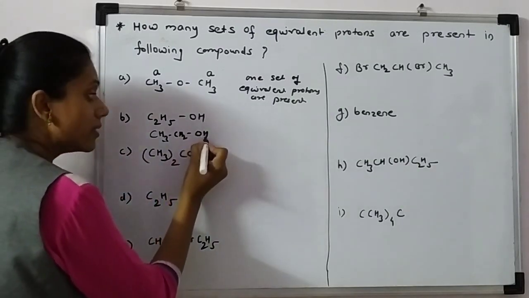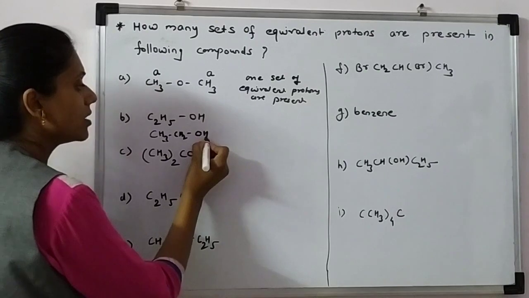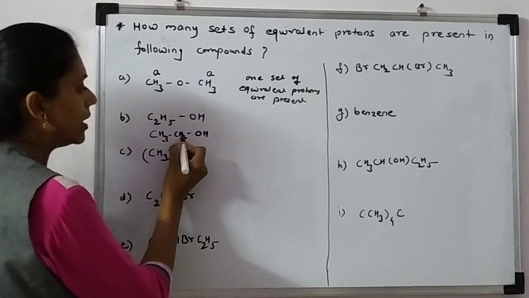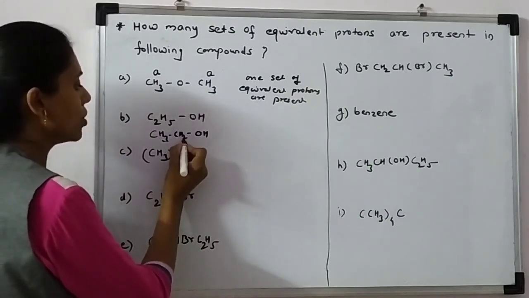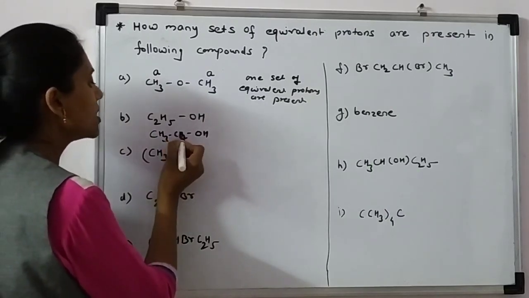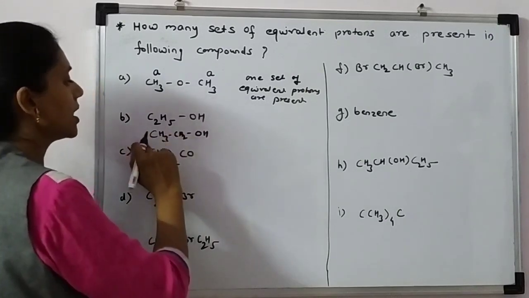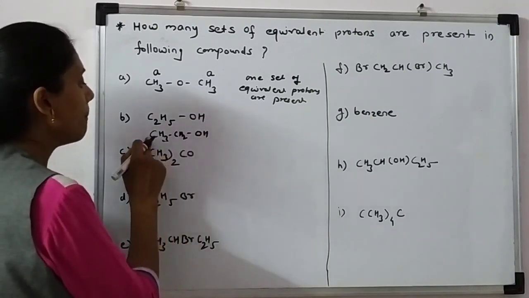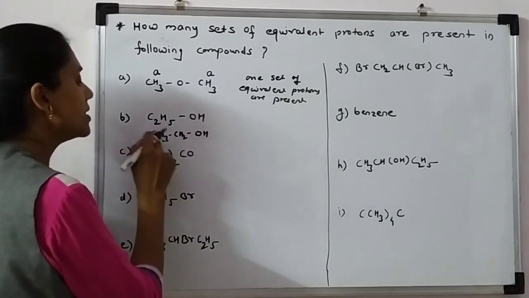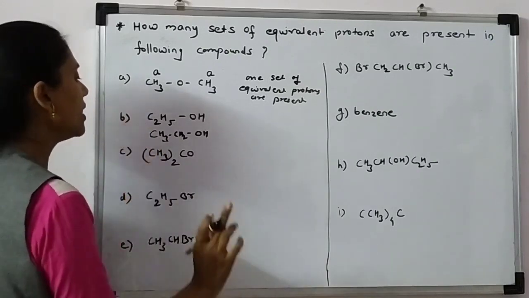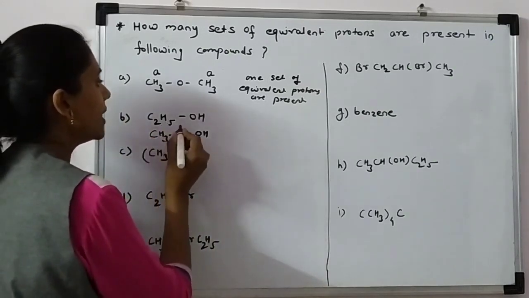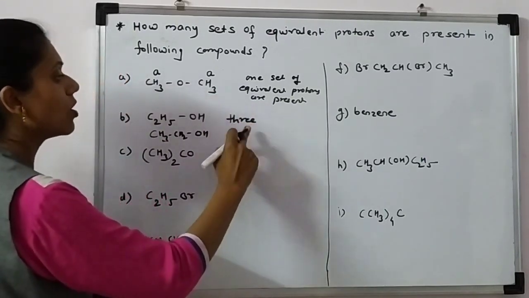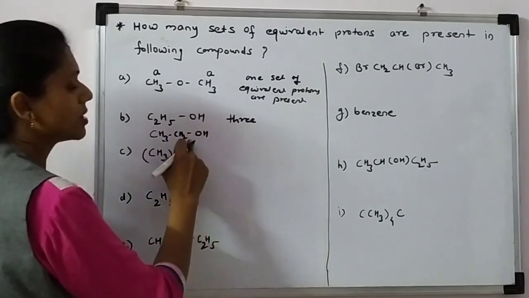Here the OH has the proton attached to oxygen. Here there is a methylene group with two protons, attached to the carbon which is attached to the methyl, and the hydroxy group, and here the methyl group. Its electronic environment is again different. That means there are three sets of equivalent protons, or three signals are possible here.